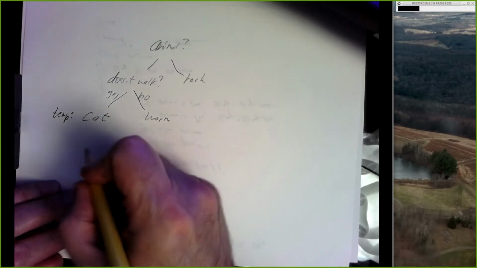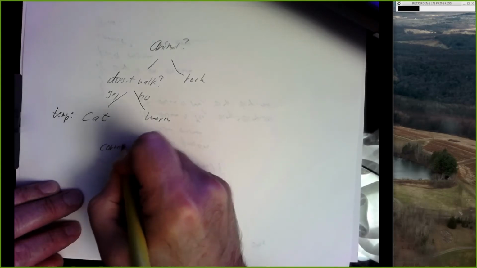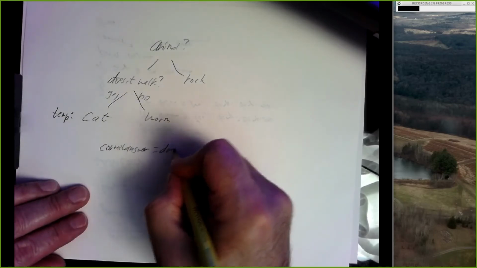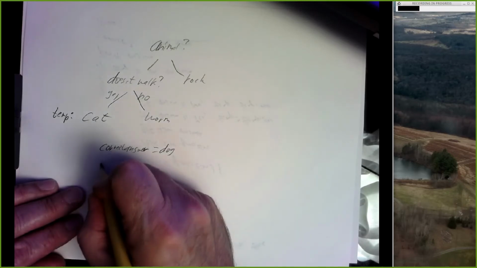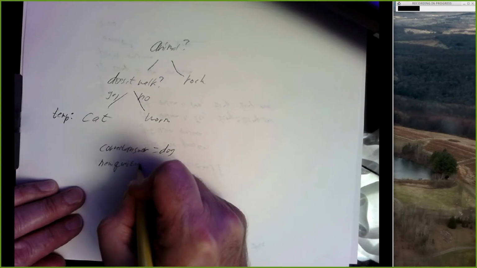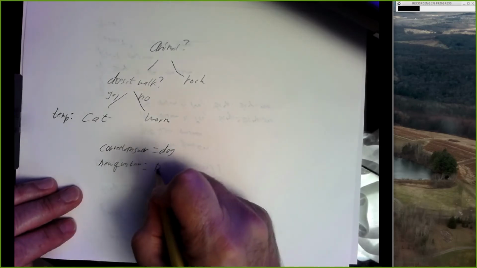We say, what were you thinking of? So the correct answer, and get the answer from the user. That's dog. What's a good question for which yes is a dog and no is a cat? So does it bark?